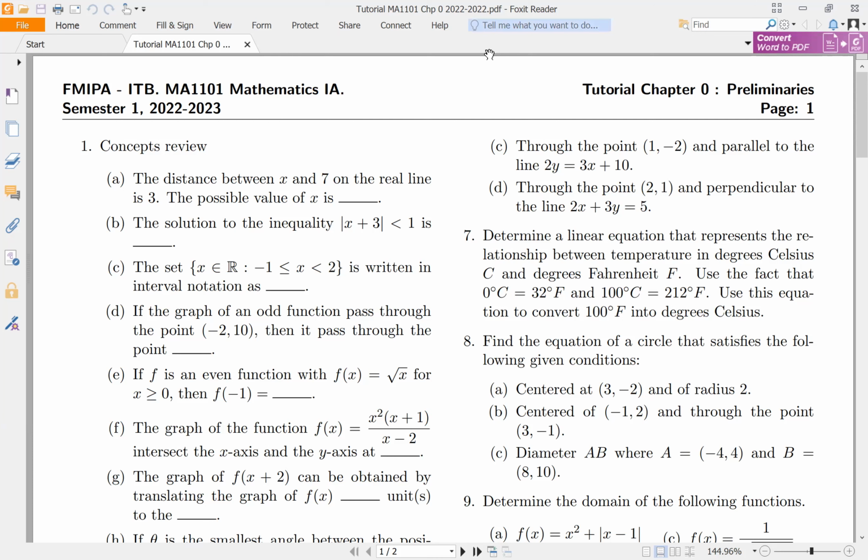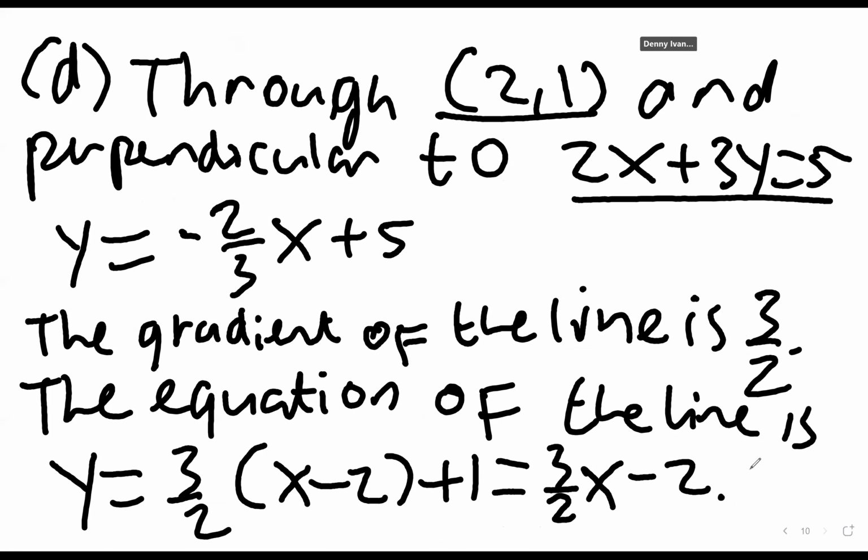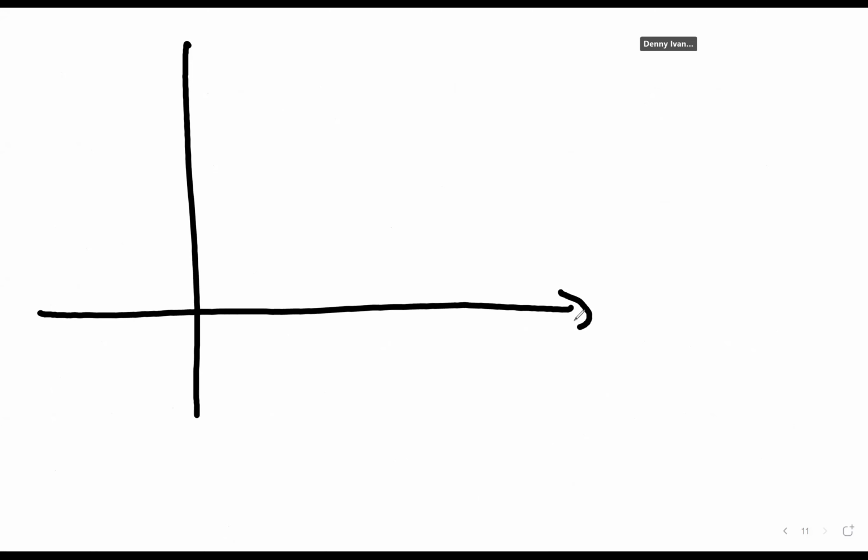Actually, we can view this problem as follows. We may consider Celsius or Fahrenheit as the x or y axis, it does not matter. For Celsius, 0 degrees Celsius corresponds to 32 degrees Fahrenheit, so we have the point (0, 32).